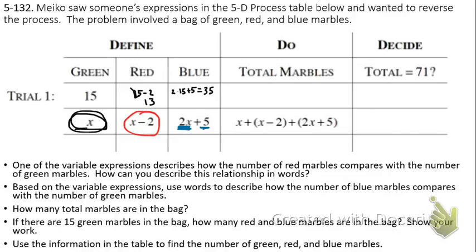So the total number of marbles would be a 15 plus a 13 plus a 35. 15 plus 13 is 28. 28 plus 35 is going to be 63.